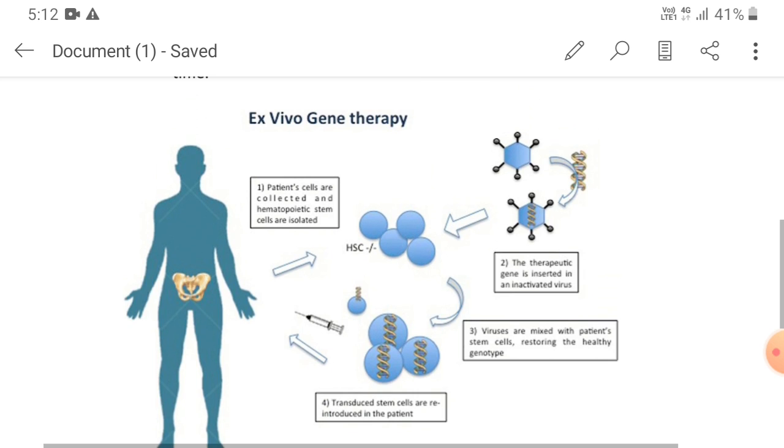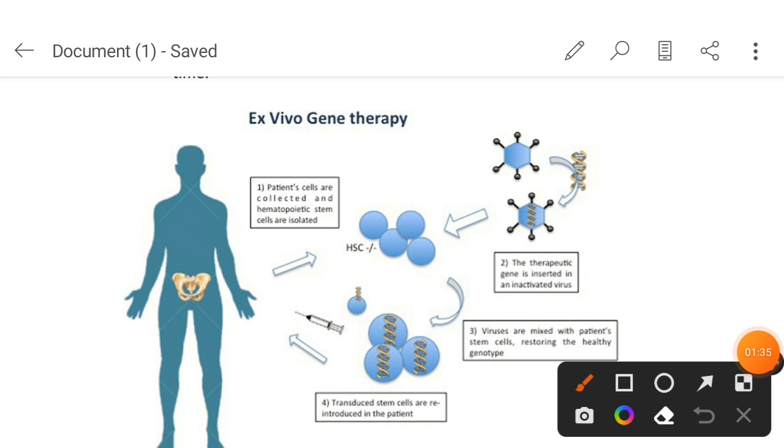That means for a delicate internal organ present in a much deeper part of the body, we cannot use ex vivo gene therapy, because in those cases we will use in vivo gene therapy. I will discuss in the next video how the gene can be transferred directly into the cell inside the body.